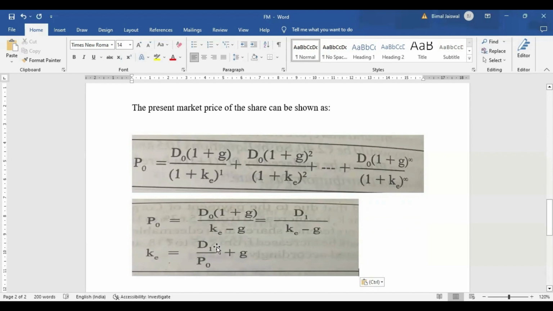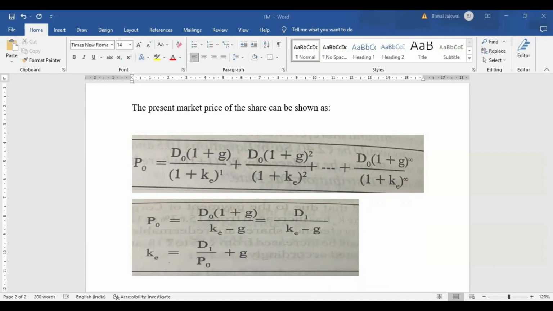So this will be considered the main equation for calculating the cost of equity if normal growth, or else we can say constant growth, is there.